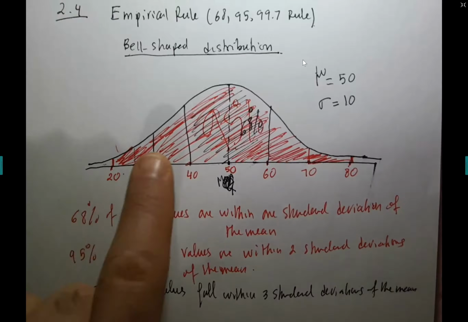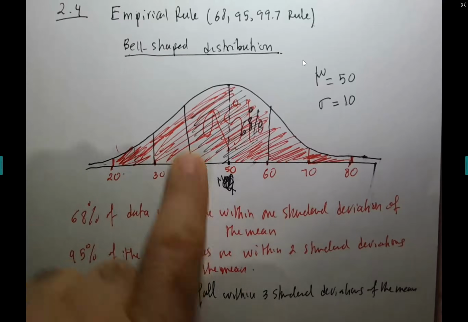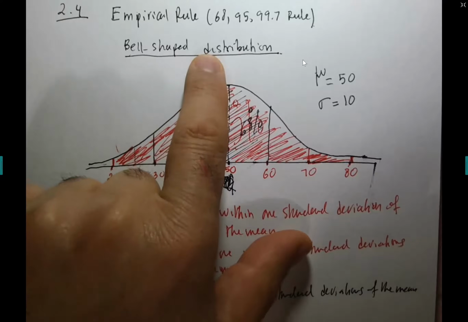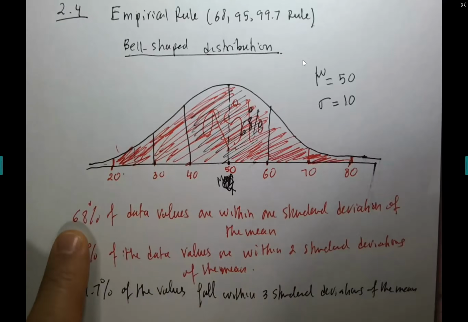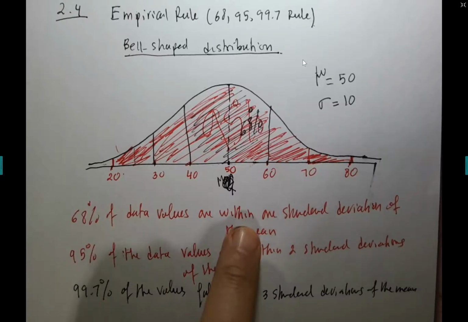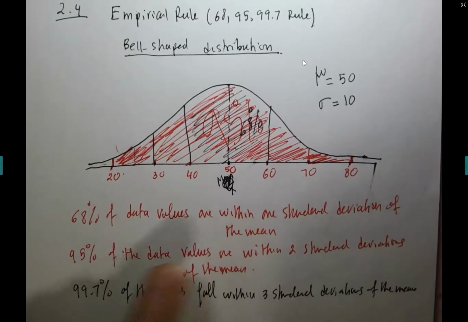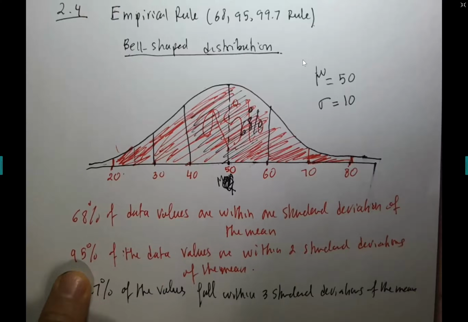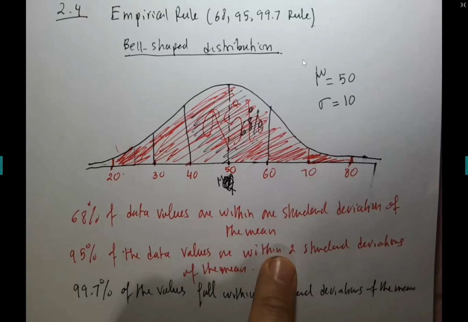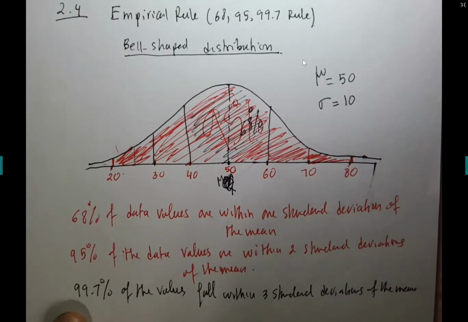So when you have a bell-shaped curve, guys, when you have a symmetric distribution, we can say that 68% of the values fall within one standard deviation of the mean, 95% of the values fall within two standard deviations of the mean, and 99.7% of the values fall within three standard deviations of the mean.